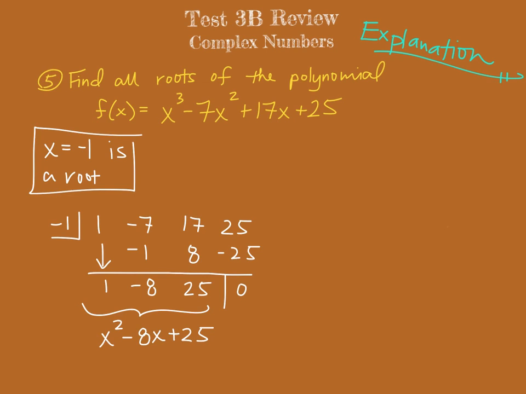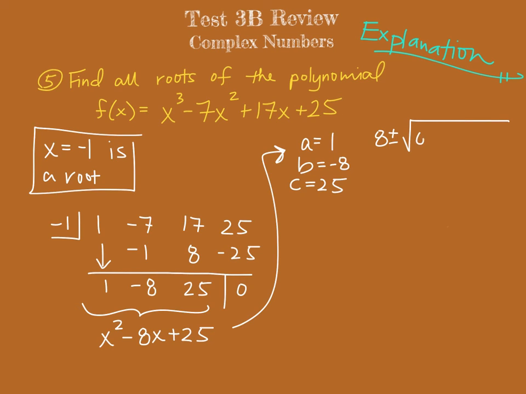So that's our quadratic. We know that the two roots are complex, therefore we're going to use the quadratic formula to find them. So we'll have that a is 1, b is negative 8, and c is 25. Using the quadratic formula, we have the opposite of b plus or minus the square root of b squared minus 4 times a times c all over 2 times a.